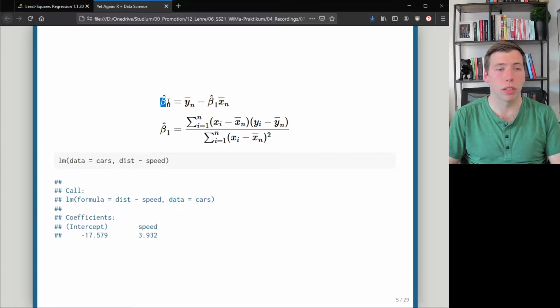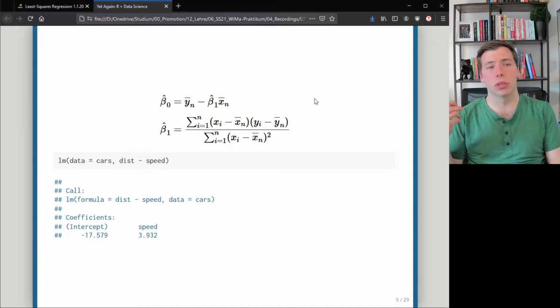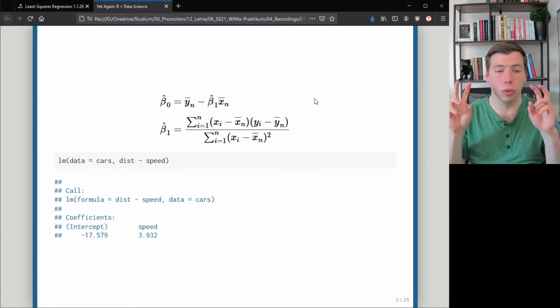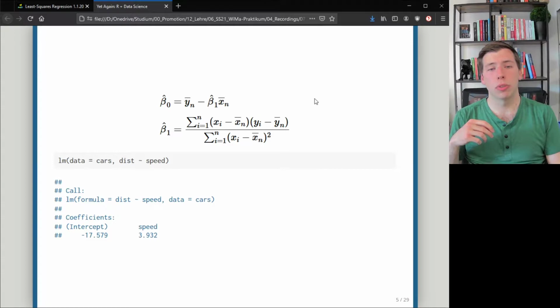This is why there are these hats over the parameters. This always denotes an estimation. We can never be sure that what we computed is actually the so-called real parameter, but it's always only an estimation. And this is why we denote it by a hat.